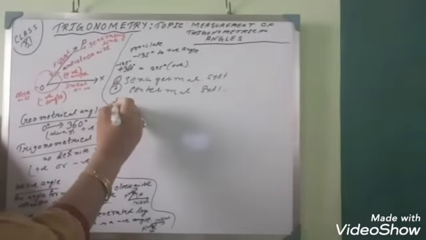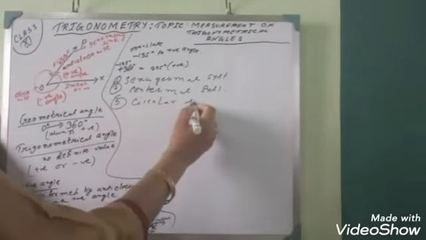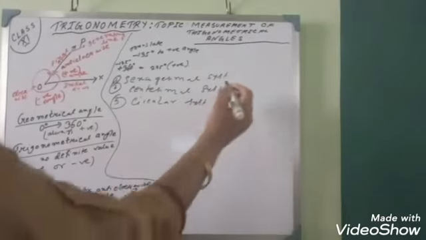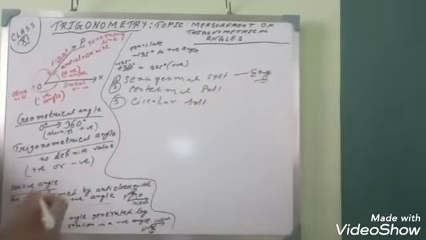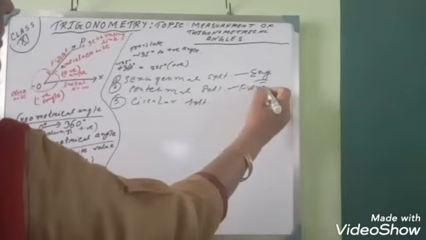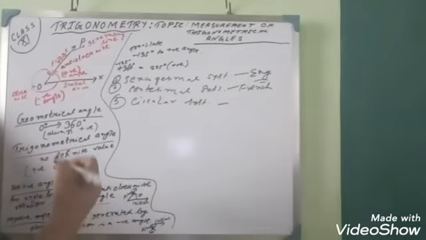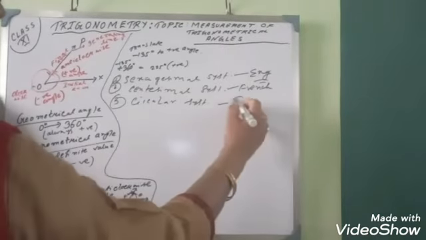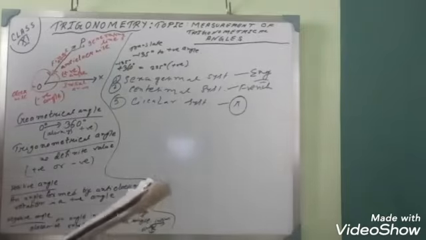Next is circular, which you have also done. Sexagesimal is the English version. Centesimal is the French version. And circular means we will always write in terms of pi, which we have already done in class 10.